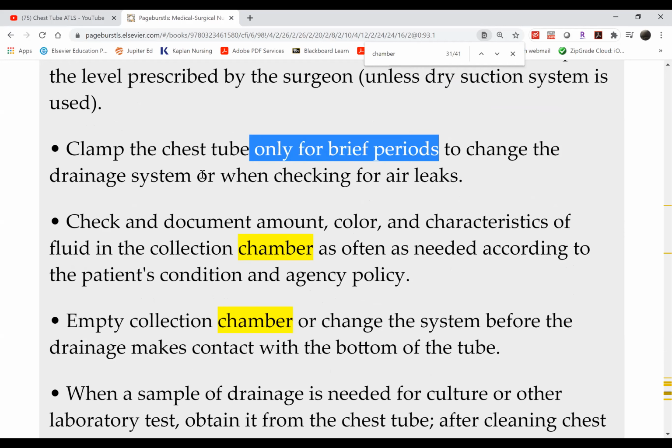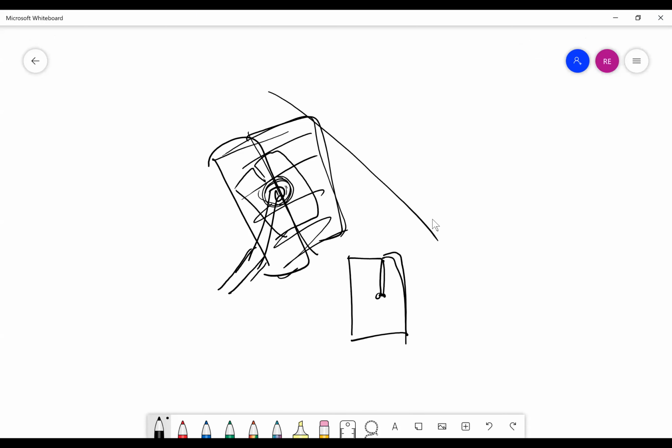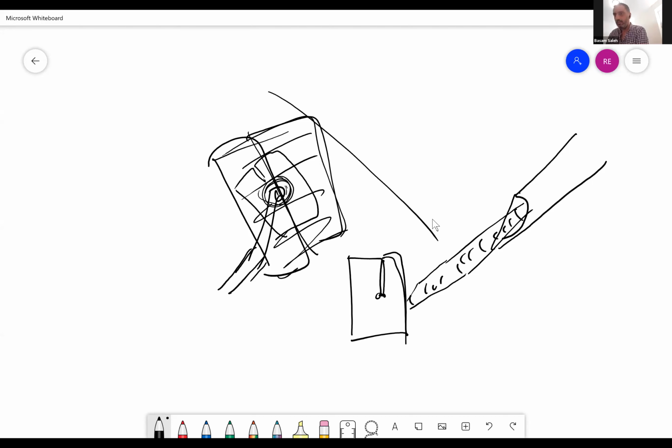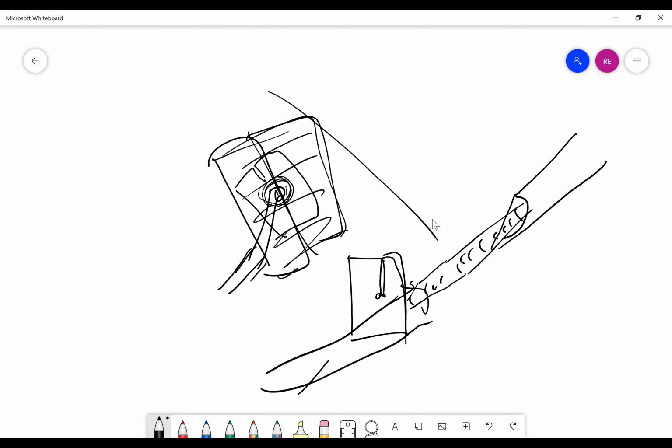So at the connection, if this is your chest tube, okay, that's the end of your chest tube, and this is the adapter, which is like a Christmas tree, and it will be like this. This is now toward the drainage collection chamber, and this whole section here is what you tape.